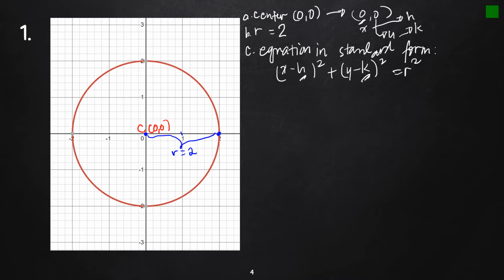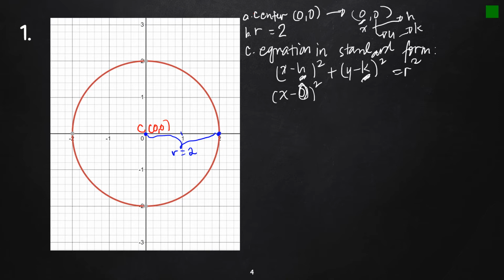Therefore, we just have to replace the h and the k here by the x coordinate and y coordinate of the center of the circle. So this would be equal to x minus, replacing h by 0, that's 0, quantity squared. I cannot delete that because if I use the eraser icon, everything will be deleted, so let's just leave it like that.